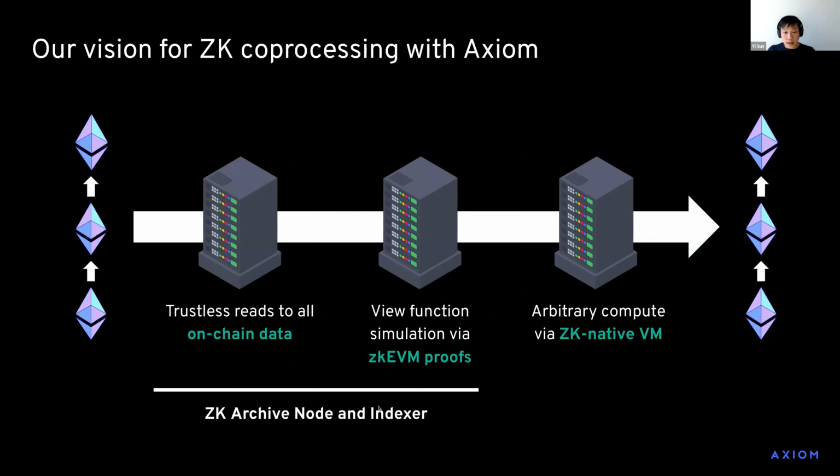Together, that will create a ZK archive node or indexer, depending on your terminology. On top of the data returned by this system, we think it makes sense to offer users arbitrary computation via a ZK native VM. So we'll have more to say in this direction in the next few months, so watch out for our upcoming releases.